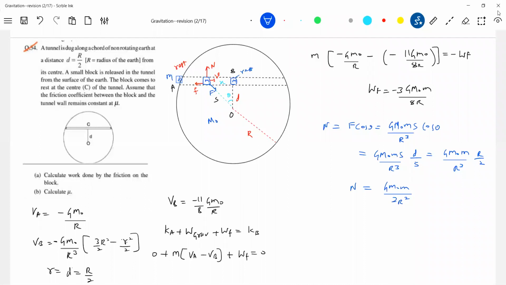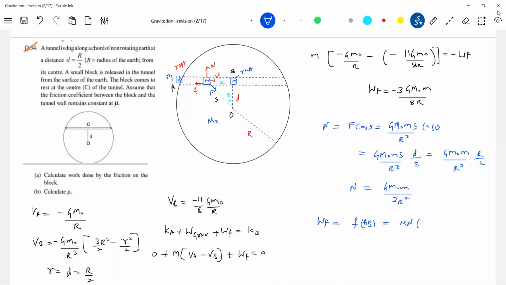Then work done by friction. As it moves from A to B, what is the displacement? So I'll write it here. Work done by friction should be equal to F into AB, where F should be equal to mu N.